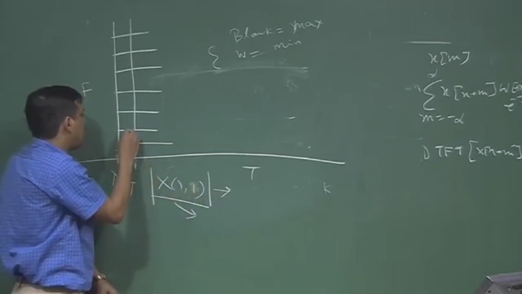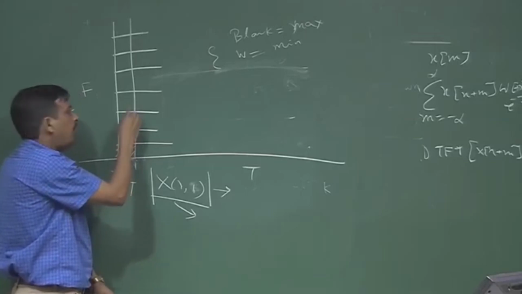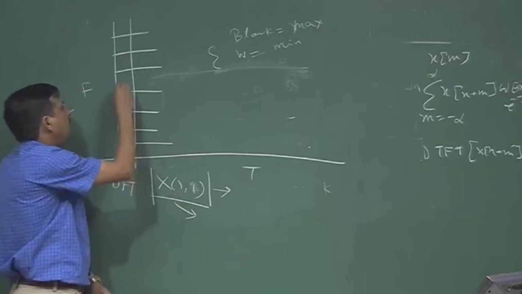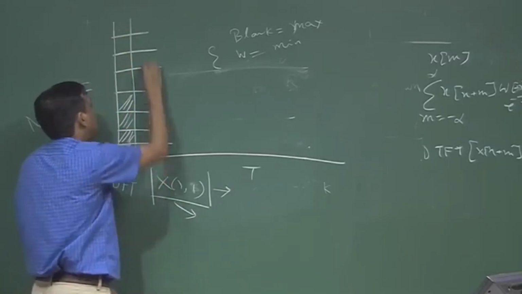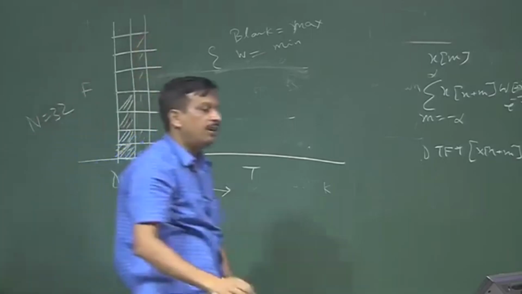Now, for k equal to 2, second band, k equal to 3, third band, k equal to 4, fourth band, I can find out this value and color this block. Again I shift the time, and for the next block I color this block. So, if I plot that way, I get this spectrogram.